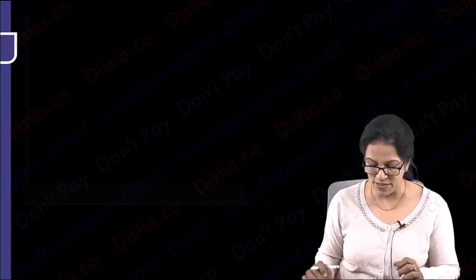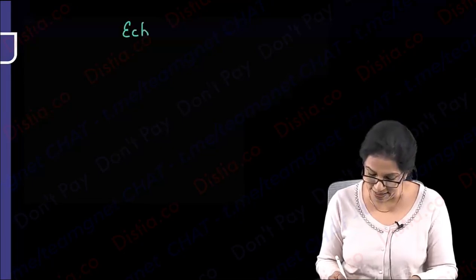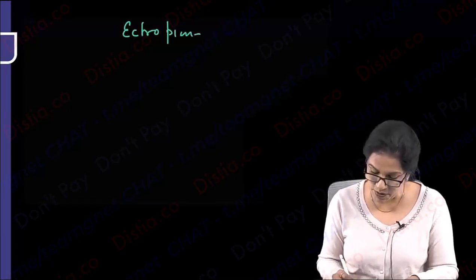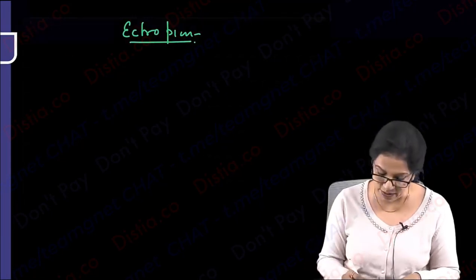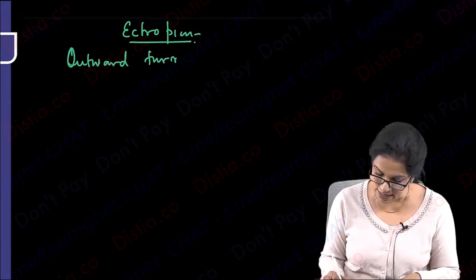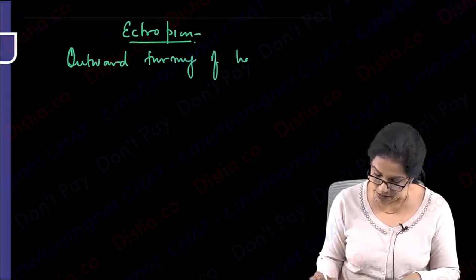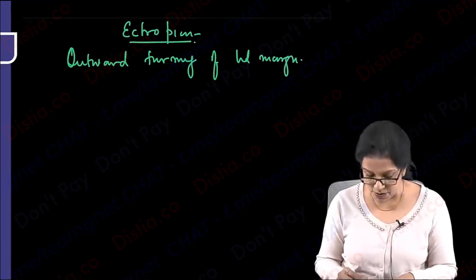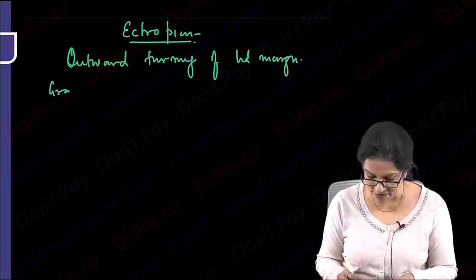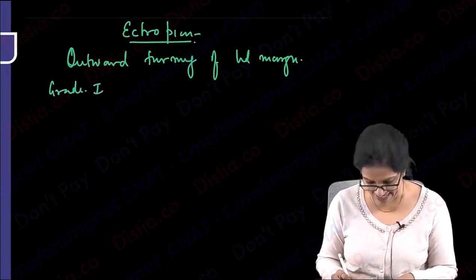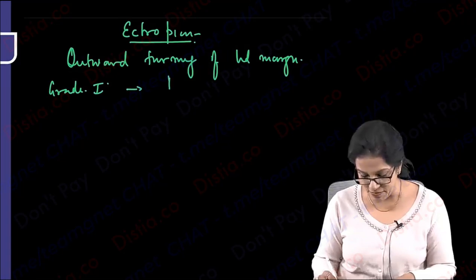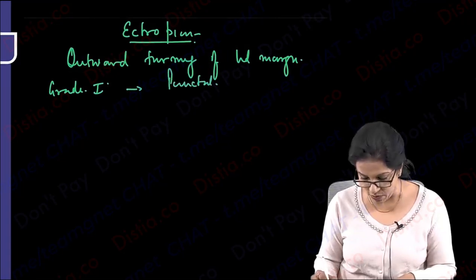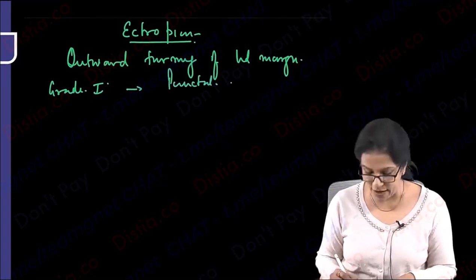We next talk about ectropion. When you say ectropion, it is just the reverse. It is the outward turning of lid margin. Right? Again, if you want to grade it, a very, very ridiculously simple grading: when only the punctal area is out, then it is grade 1.